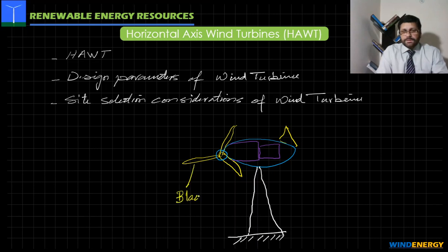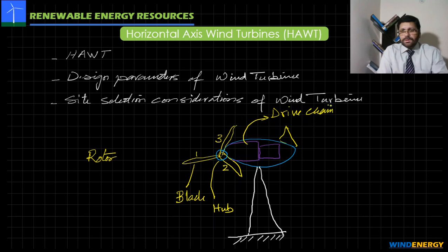Now this is the blade of the turbine. Since it is a three-blade wind turbine, there is one blade, two blades, and three blades, and this is the hub of the turbine. This hub plus blades are the rotor of the turbine. Now this is the drive chain, or you may call this the gearbox.